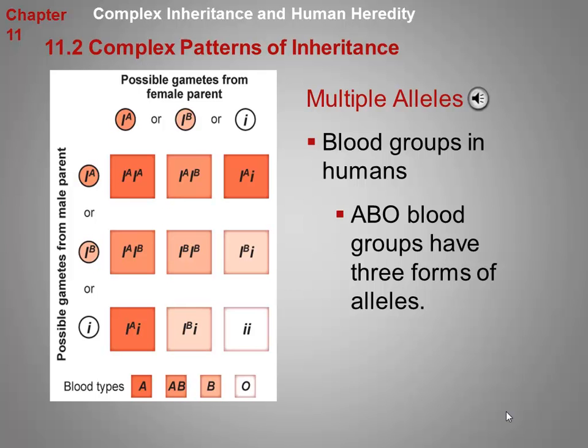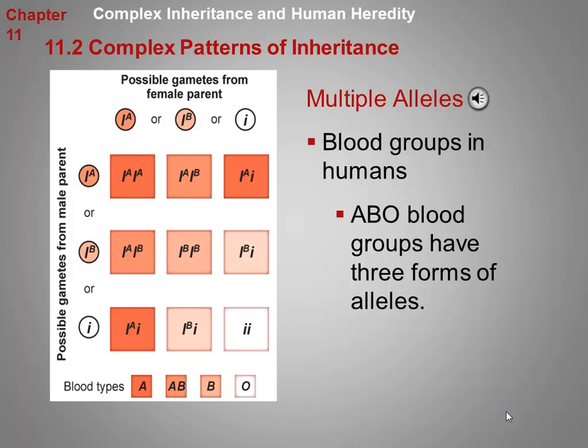Now another form of complex inheritance is through multiple alleles, like your blood type. Typically we've talked about where there are two alleles controlling a trait. But sometimes there are multiple alleles that control a trait. So, for instance, in blood type, there are 3 alleles that control your blood type. So you have the A, B, and O allele that control blood type.